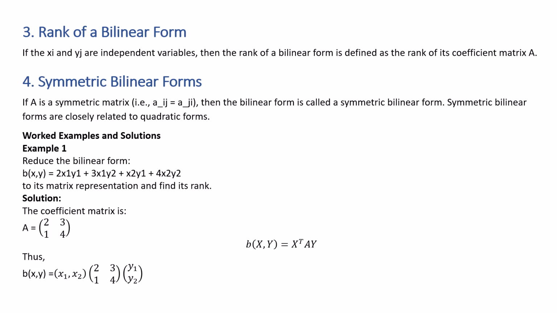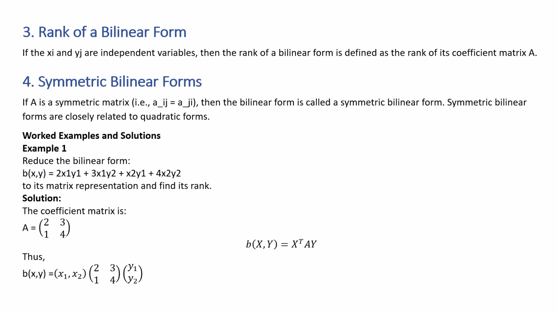So we start the matrix multiplication. Use your A to multiply your y. Row 1 will multiply the column vector y, so you will have 2y1 plus 3y2.